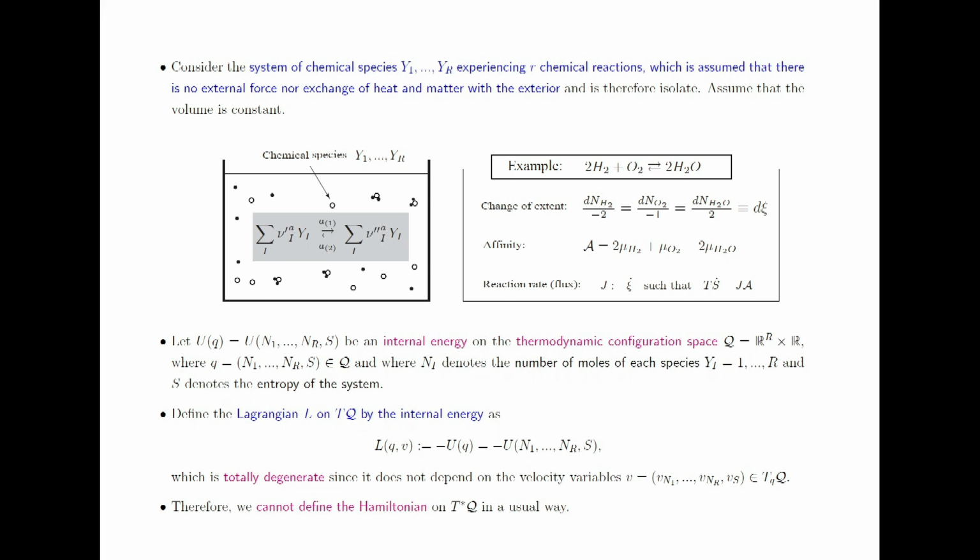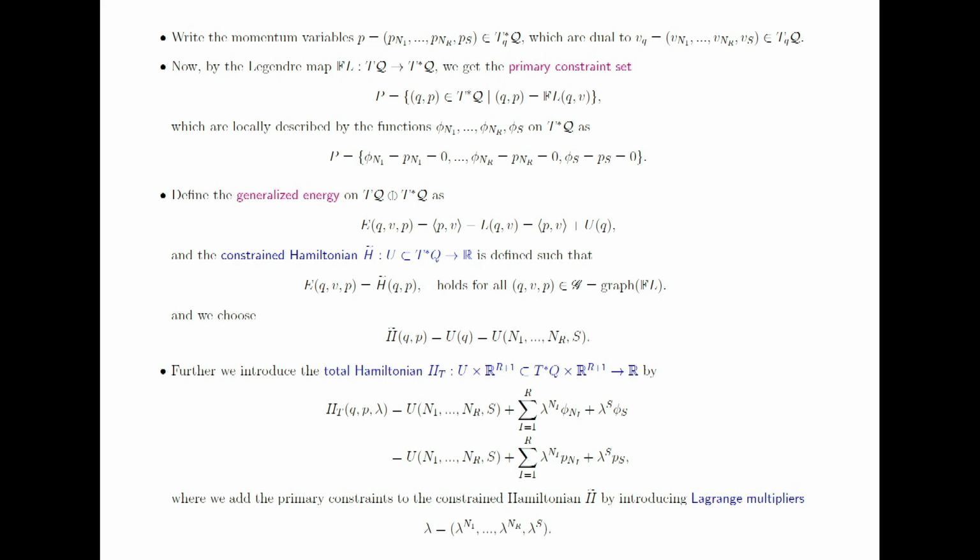Our starting point, the Lagrangian, is totally degenerate because it's just given by minus internal energy. Q is N1 to NP, NR, the molar numbers, together with entropy. These are the thermodynamic variables. So it's totally degenerate.